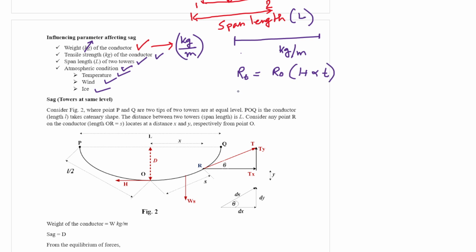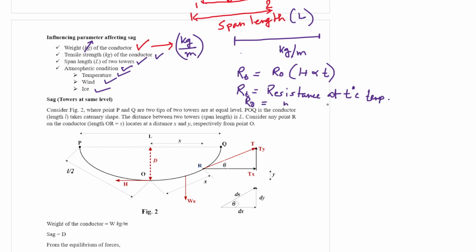What is it? RT is equal to the resistance at T degree Celsius. Okay, resistance at T degree Celsius temperature. What is R0?